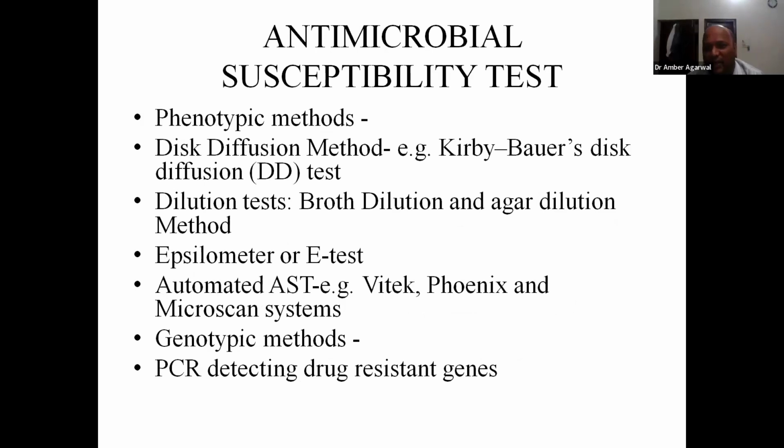Now you have identified the bacteria. Let's say a patient has a gram-positive infection with Enterococcus, and the patient has been given vancomycin, which is a very common drug, but still the patient is not responding. What can be the reason?